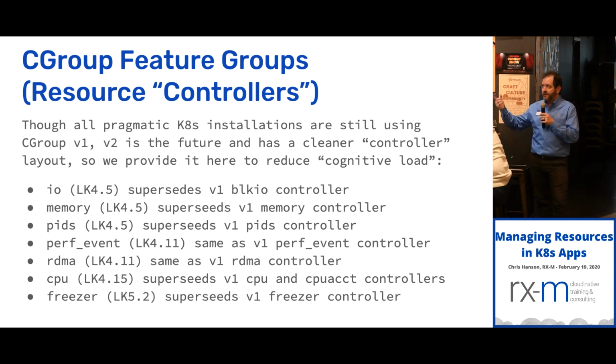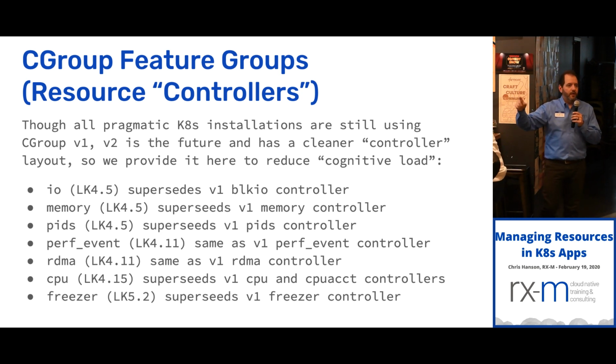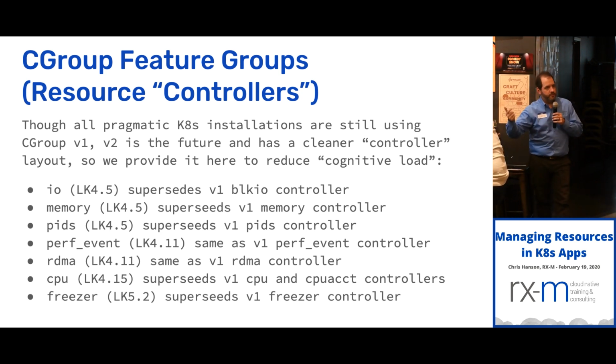You can see here on this slide that we've got the newer versions of C group, or C group version 2, right? So I/O replaces block I/O. Perf event is the same as perf event on the version 1, but you can see the Linux kernel version that you need for each one of these newer C groups.